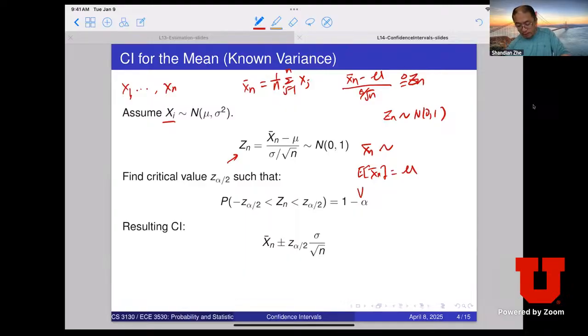And what's the variance of the sample mean? Could anyone recall? It's sigma square over n, right? Yeah.